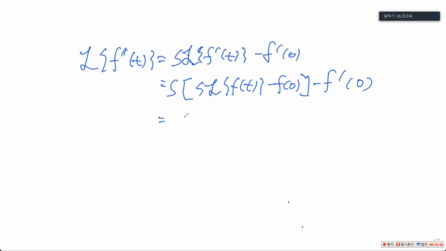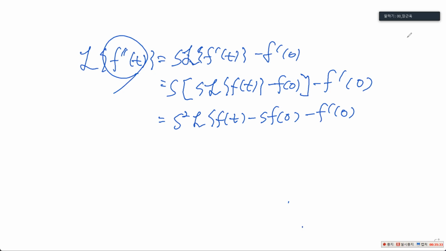So it gives s squared F(s) minus s f(0) minus f prime 0. Okay. So we do not need to do the second derivative. The only thing we do is multiply by s squared, and we need two constant values. Okay, that's enough. So it's much more convenient.